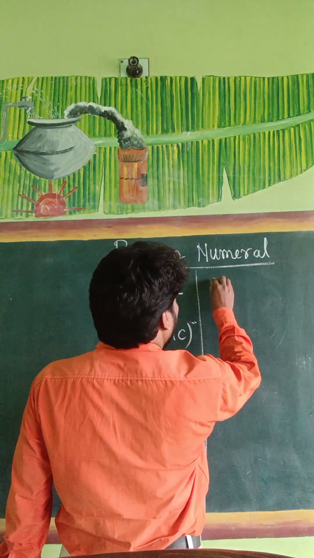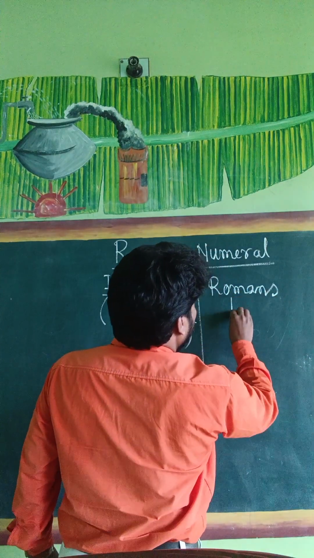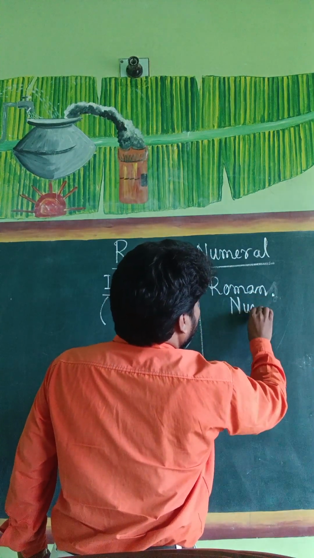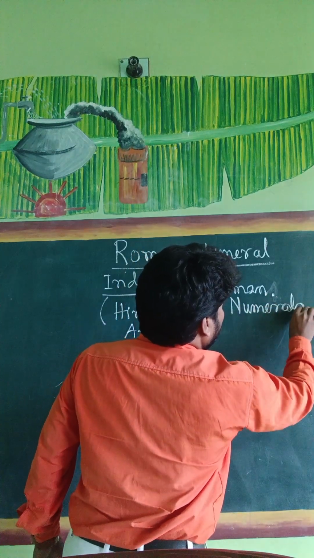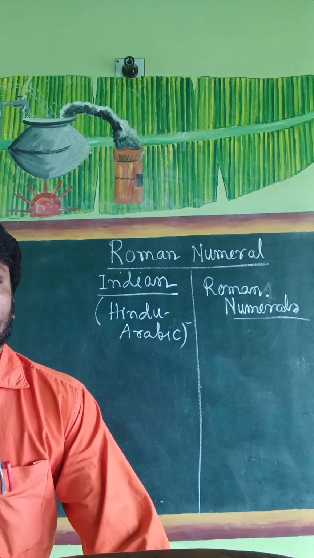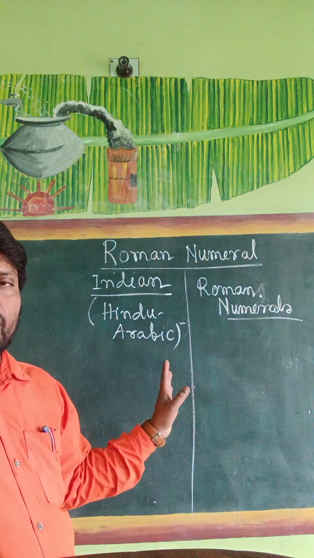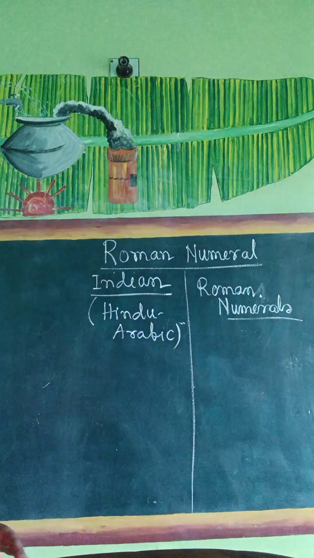And these are called Roman numerals. If you learn by comparing, then automatically you will understand the topic.